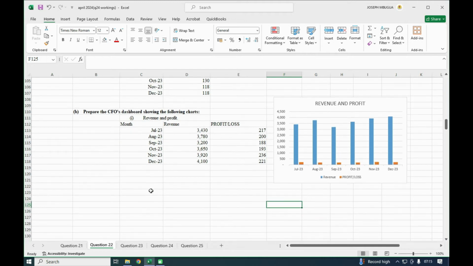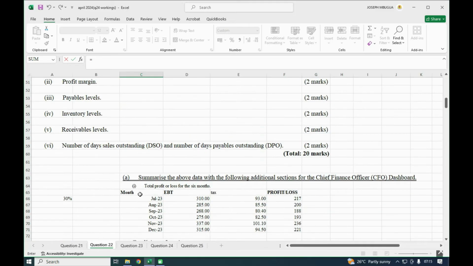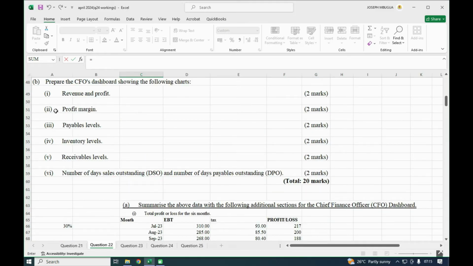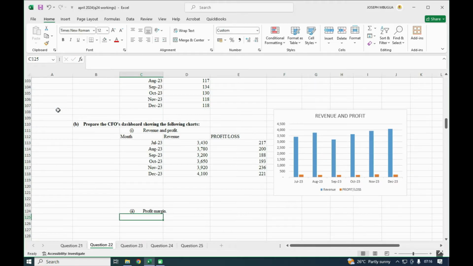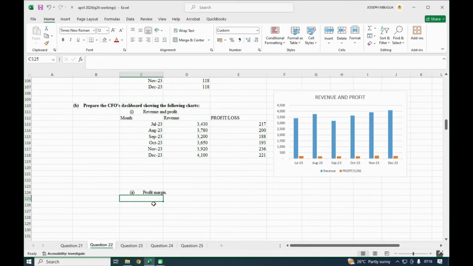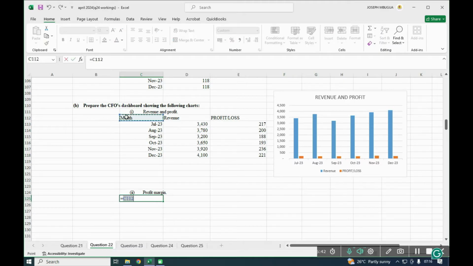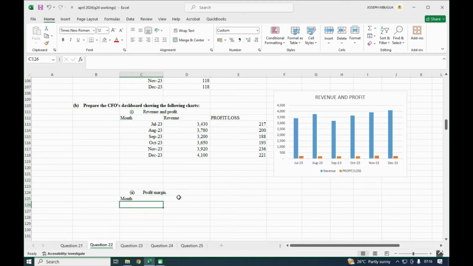Number two, the second one we need to calculate is the profit margin. So, to be on the safe side, you can present both net profit and gross profit margins because we had already calculated both.